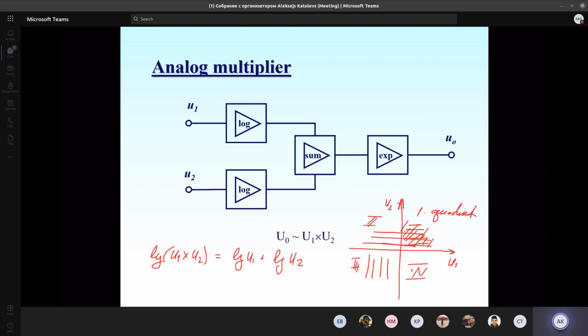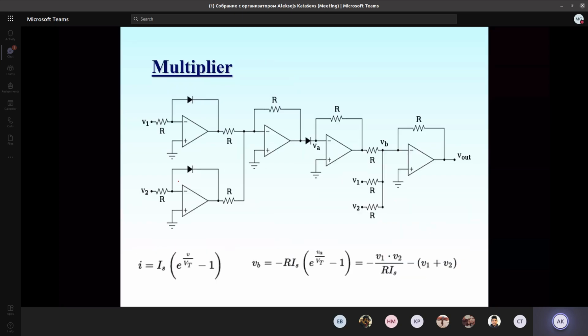Generally, the circuit depicted here, which is meant to work with only positive voltages V1 and V2, looks like this. Indeed, we have positive voltages V1 and V2. We have two logarithmic amplifiers, using not a transistor but diodes, and they rely on the relationship between the diode current and diode voltage. The current through the diode is related to the voltage through the diode via this relationship.